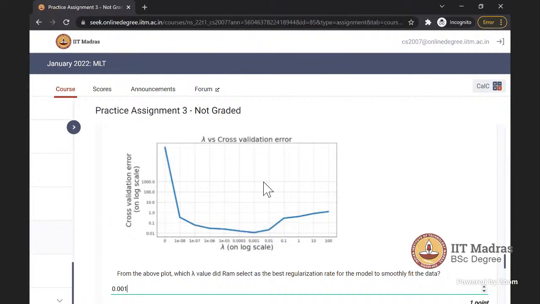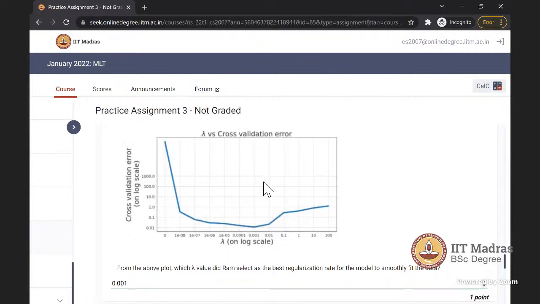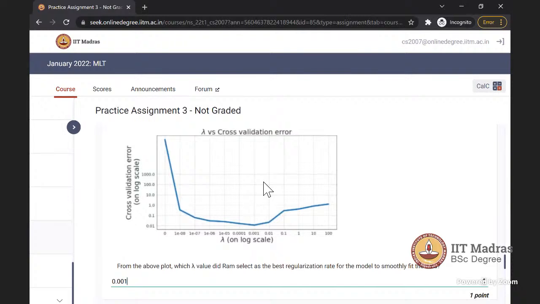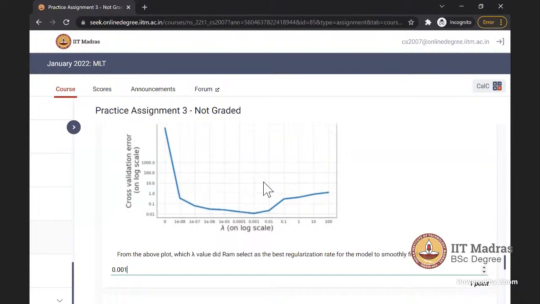Okay, you mean to say it's a hyperparameter, but it is not a model parameter. Alpha, the learning rate, yes. Absolutely. So wherever model parameters are there, we use cross validation.